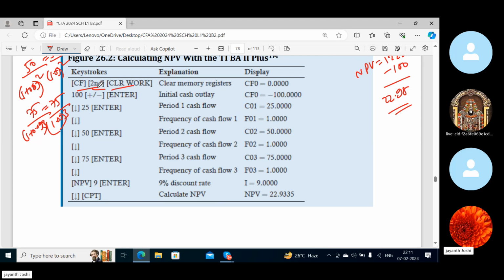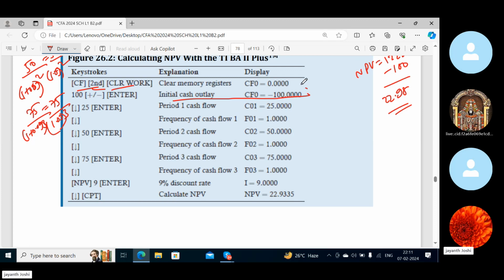Second, clear work. Then you have to enter 100, plus or minus, then enter. That is the initial cash outlay. That is what you are seeing here.